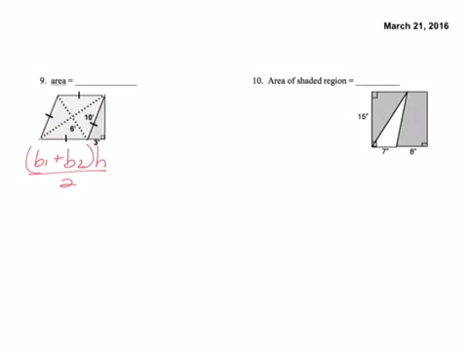My base 1, I have to figure some things out. From here to here, since it's a rhombus, this is 10 and this is 10. So my base 1 is 10 plus 3, which is 13, plus the base 2, which is 10, all divided by 2.